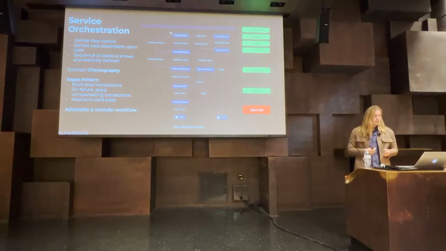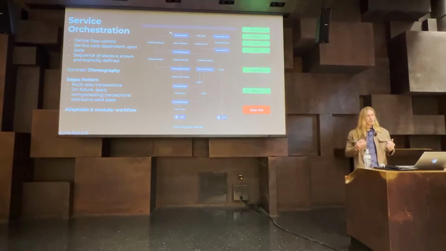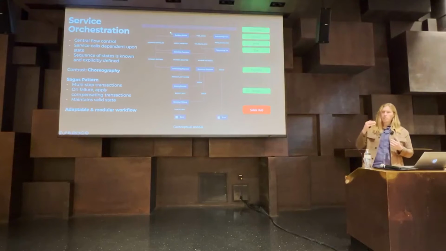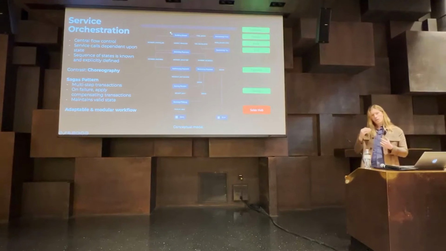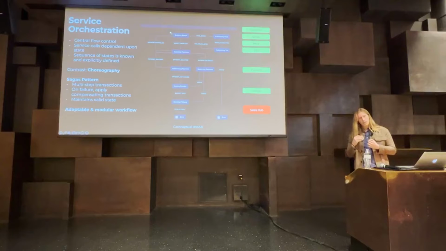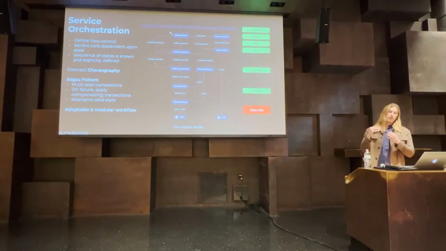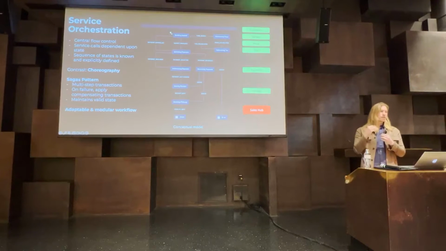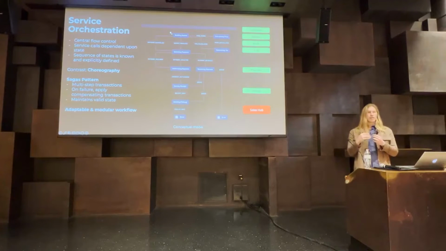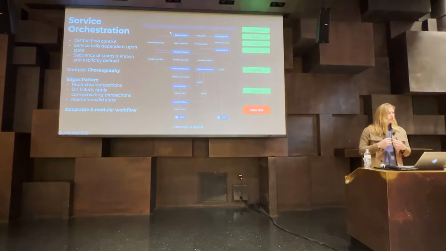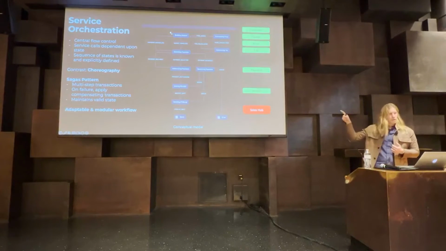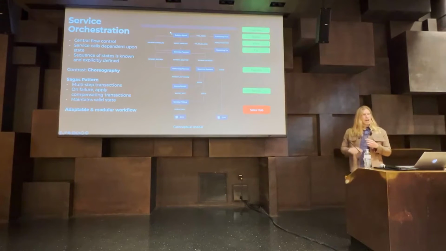In the saga pattern, you have a distributed transaction that takes place over a number of distinct steps. And if one of those later steps in the process fails, you may need to apply what are called compensating transactions in order to get the user back into a valid state. For example, in our process, issuing the receipt and sending the POS log comes after we collected payment from the customer.